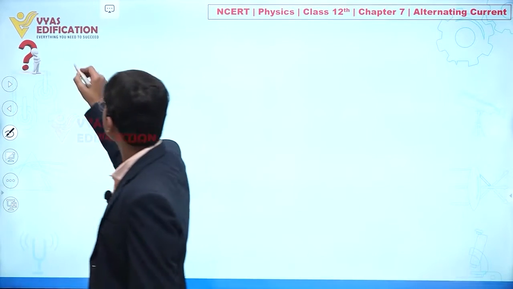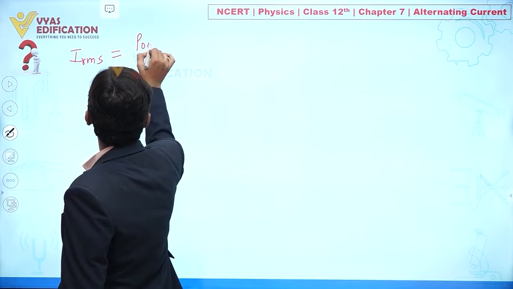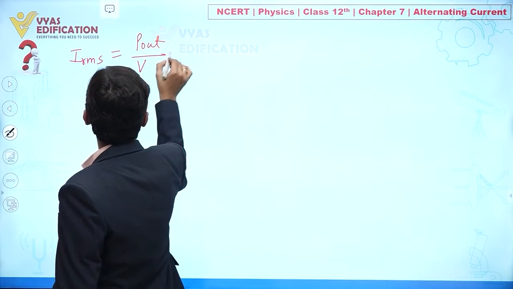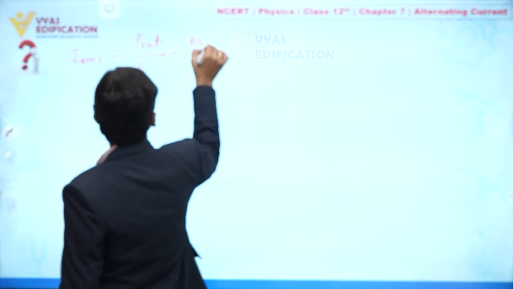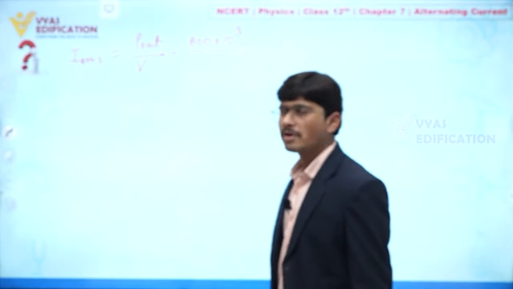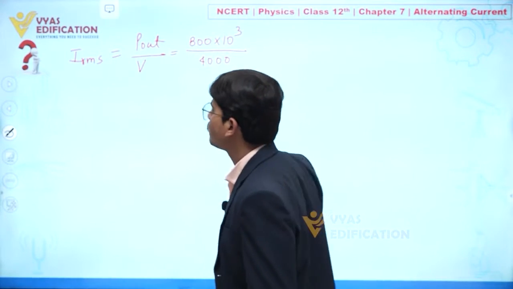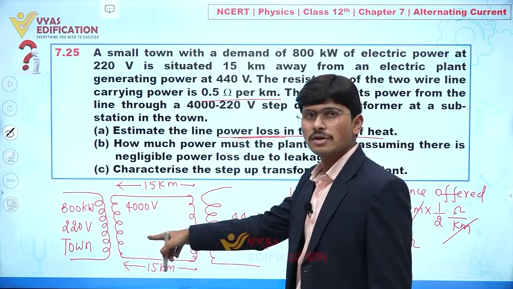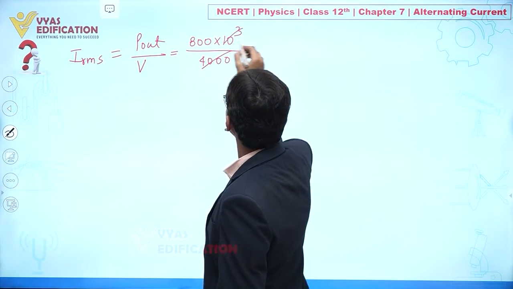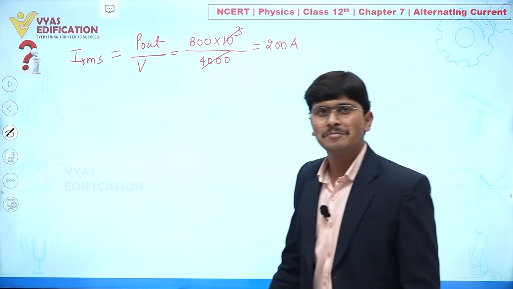IRMS is given by power output divided by voltage. So power output is 800 kilowatt, which is 800 multiplied by 10 to the power 3, divided by the voltage, which is 4000 volt. So we get the current IRMS as 200 ampere.